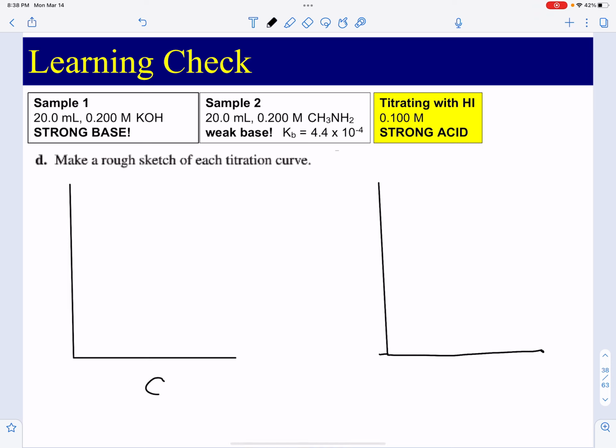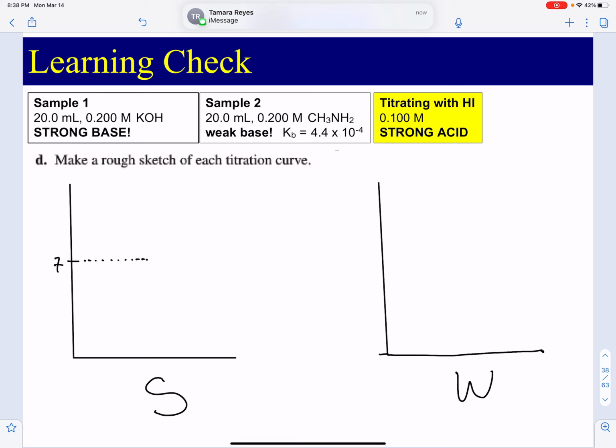So this is the strong, this is the weak. We're talking about bases, right? So we know that the strong one, the equivalence point is going to be around 7. We know that the weak one, based on the calculation we did earlier, is going to be acidic. So it's going to be below 7.